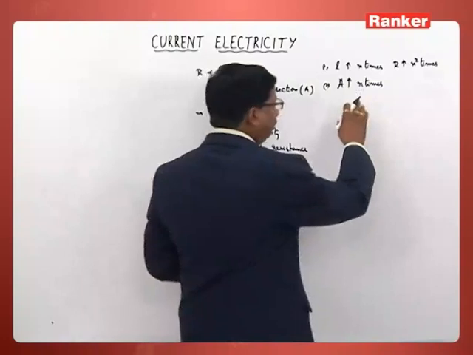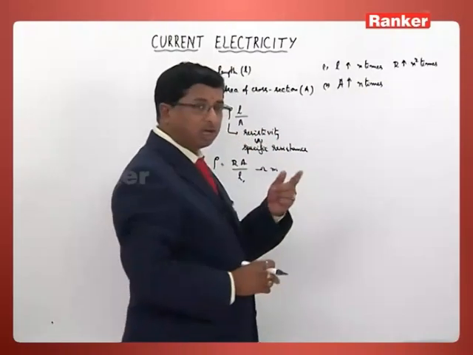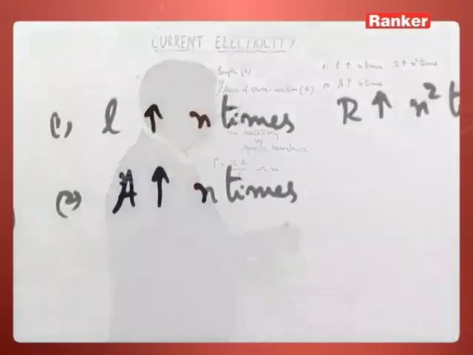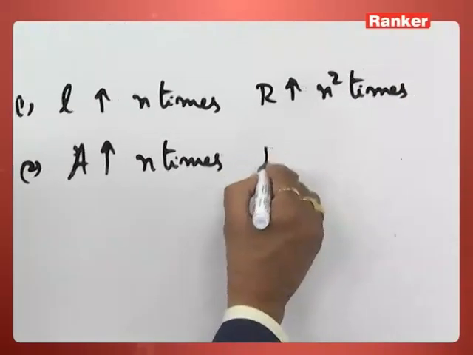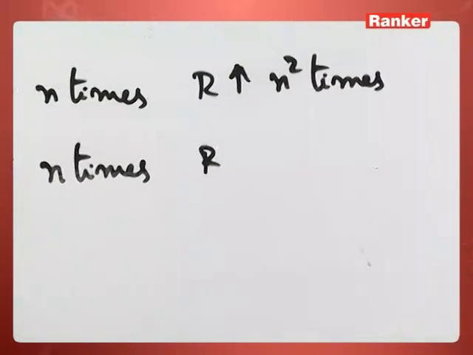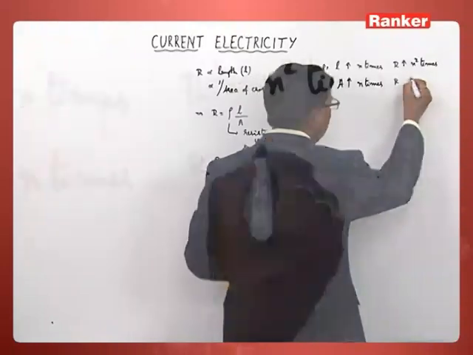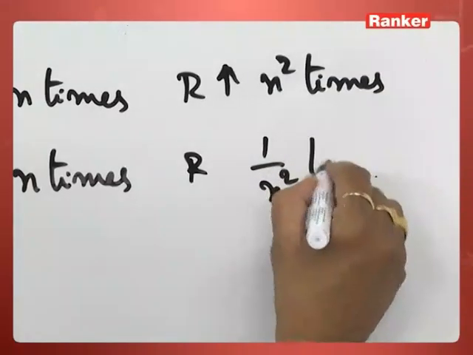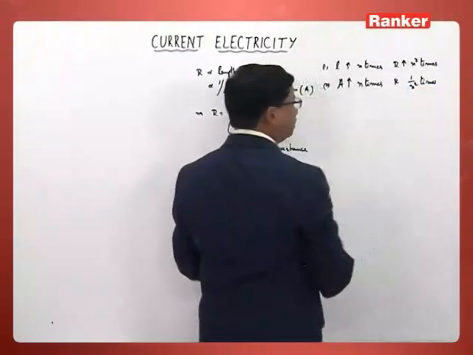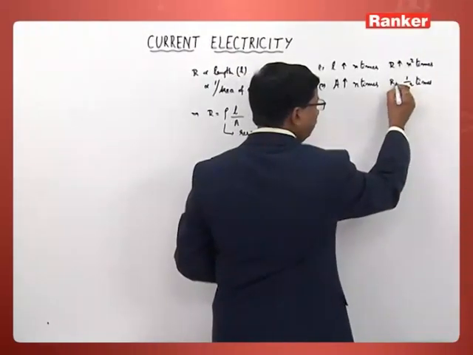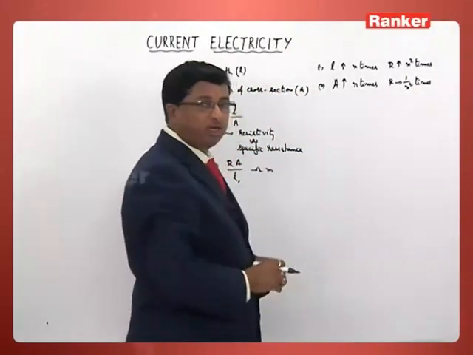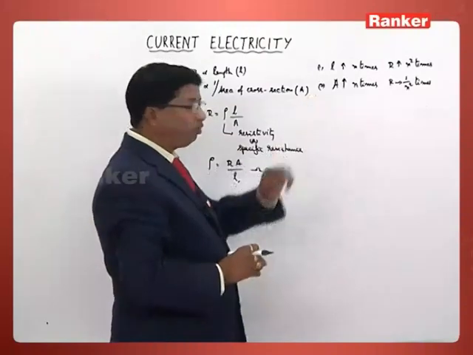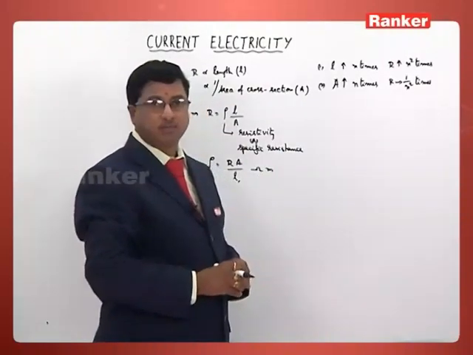It's very clear to say that length is becoming 1 by n times. So ultimately, what do you find here? Resistance now becomes how many times? 1 by n square times. That is actually the concept you have to remember. Resistance now becomes 1 by n square times. That is another point you have to understand.